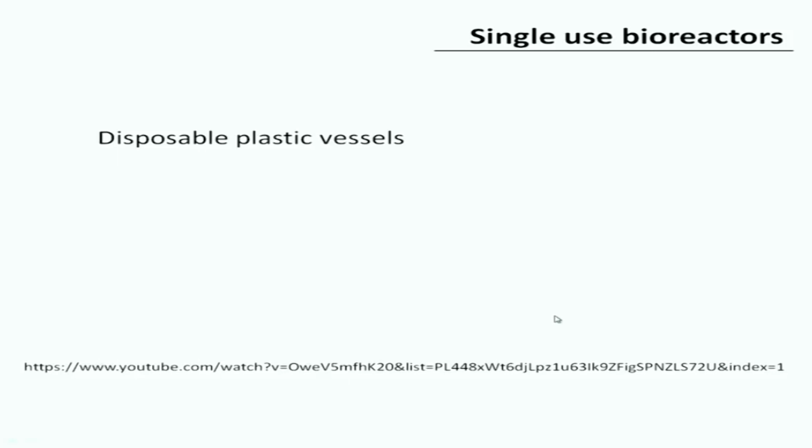And more recently, or about the same time, bioreactors called wave bioreactors came into being. I think in the same video you can take a look at what wave bioreactors are. They are nothing but plastic bags, large plastic bags with a capacity of 25 liters or so, which can be used for the production of low volume, high value products.